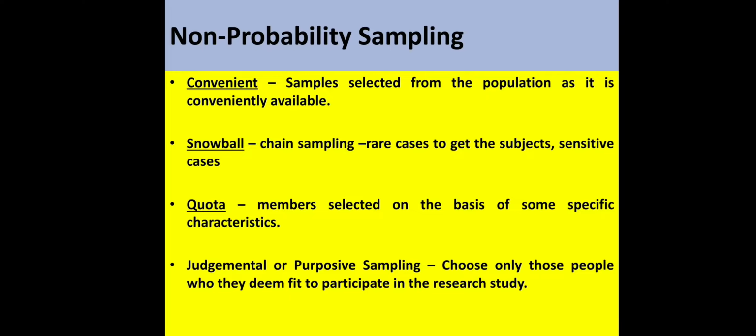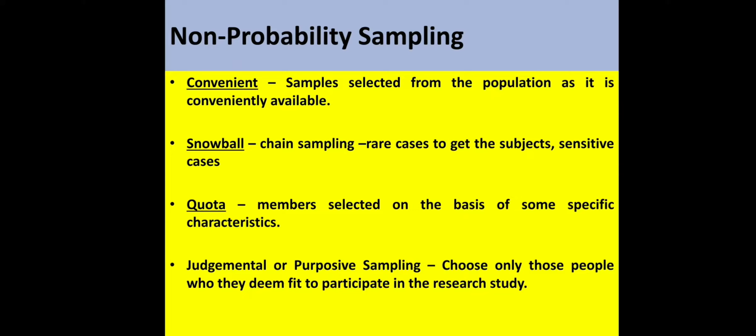You form certain characteristics that you're looking for, and if the population fits in, then you can select the sample out of it. Clear? So that's about quota sampling.